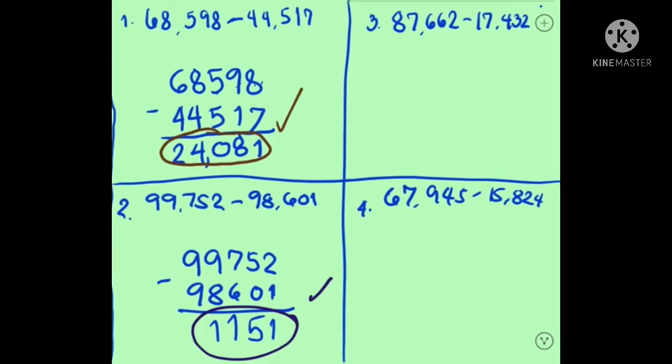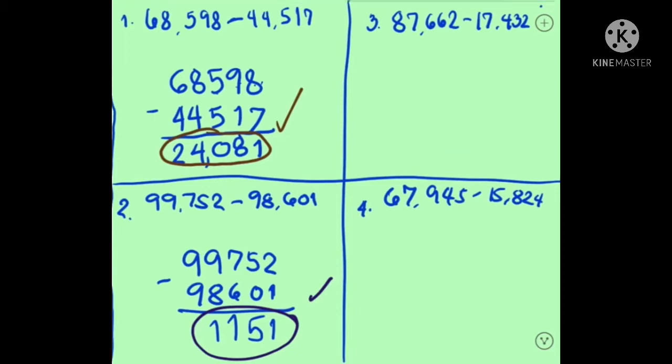So let us solve now. Of course, we will write first the given. We have the minuend 87,662. These are the minuend. And then we have 17,432. This part is a bit messy.